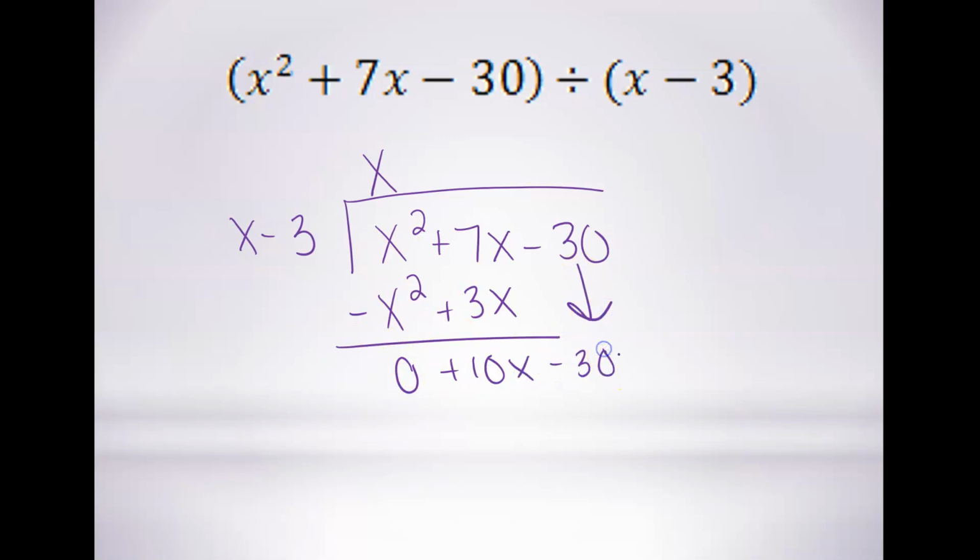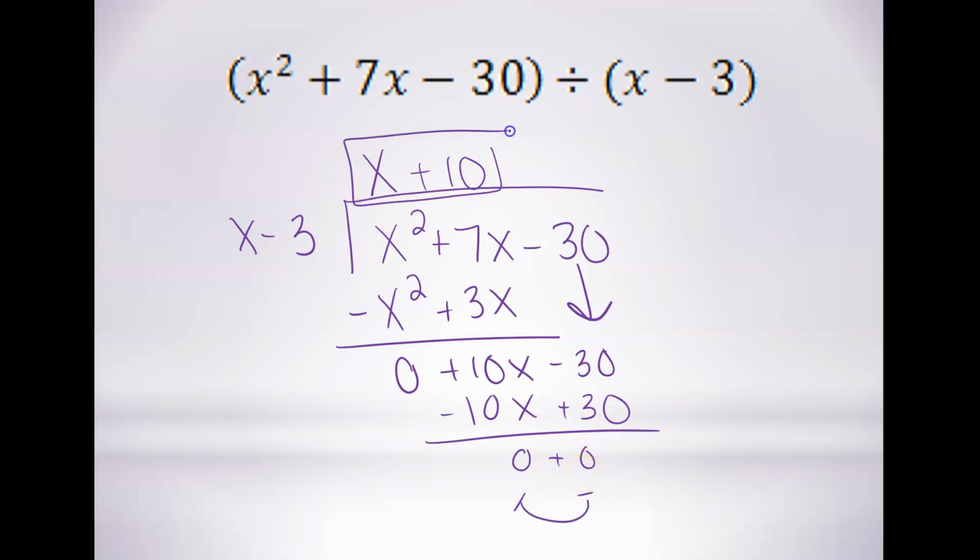Bring down your negative 30. What do you have to multiply x by to get 10x? You need a 10. So you get 10x minus 30. Change your signs, and you get 0 plus 0. Once again, we're happy. No remainder. X plus 10.